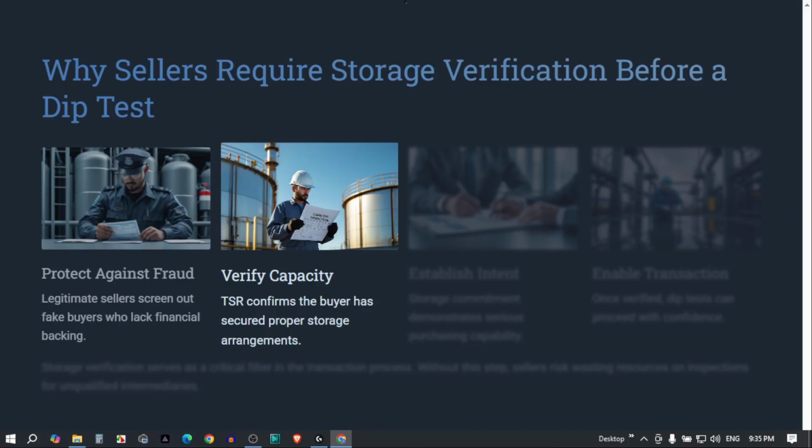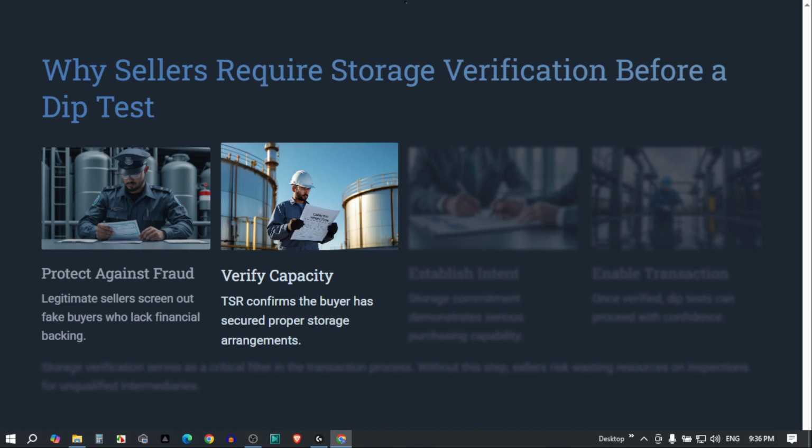Many frauds revolve around fake storage or facilities that are already booked. Some fake buyers will show fake tank storage agreements and fake tank storage facilities. At the time of injection of the fuel by the seller, those are already booked by other buyers, or already filled by product injected by other sellers.